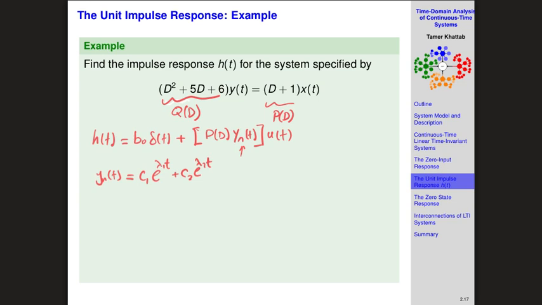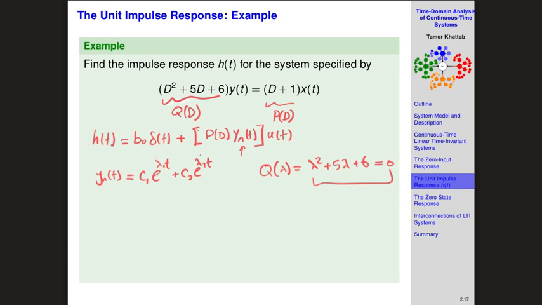So how do we get those lambdas? We plug the lambda into Q, so Q of lambda, replacing D with lambda, is equal to lambda squared plus 5 lambda plus 6, and this has to be equal to 0. So I need to solve this equation to find the values of lambda.